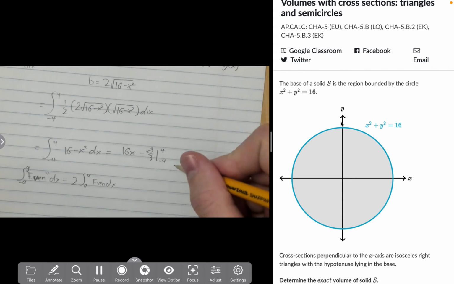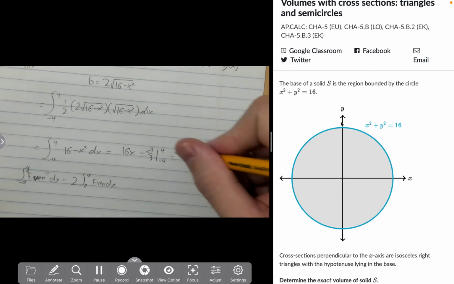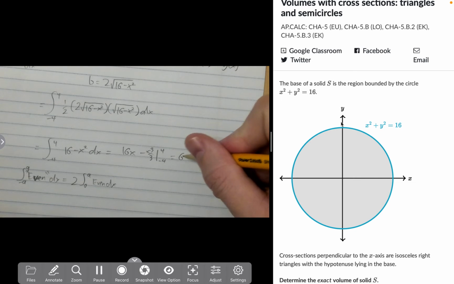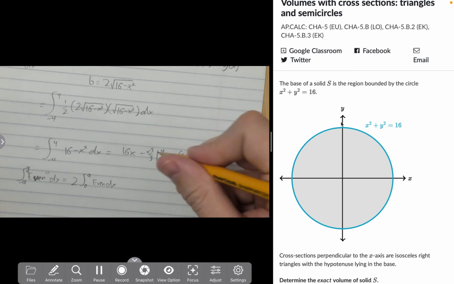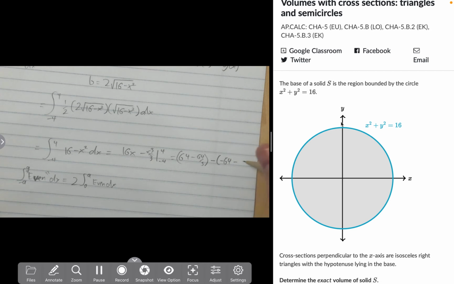Maybe you'll see why that's true as we evaluate this. When I plug 4 in, that's going to be 64 minus 64 over 3. That's the upper plugged in. Minus, when we plug in the lower, we'll get -64 minus 64 over 3.